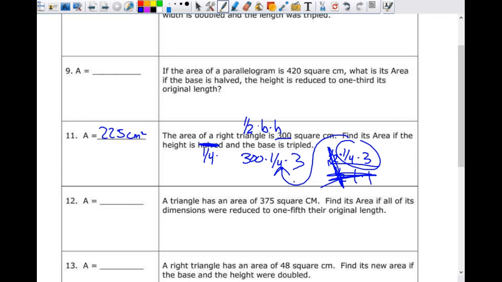So I'm going to tell you, any constant, and constants are non-variables, right? 1/2 is the constant in the triangle formula. Constants are not affected by rates of change. That's why they're called constants. Who can think of another constant in an area formula? Pi. Pi r squared. Pi is the constant. Your pi is never going to show up in these problems. Okay?